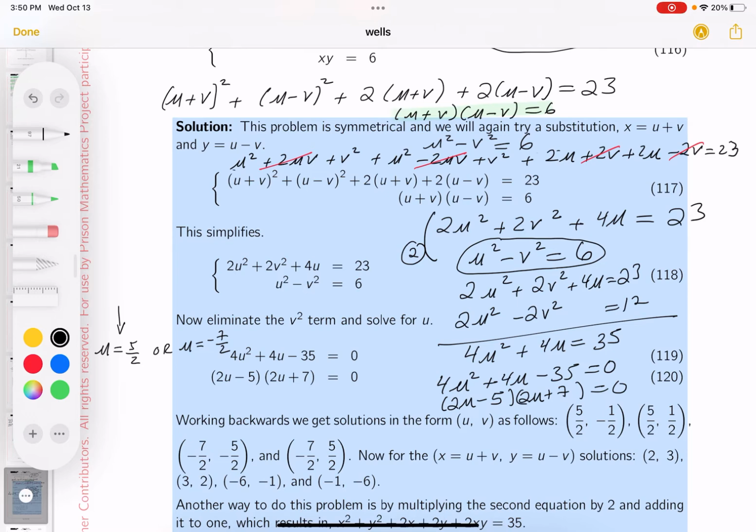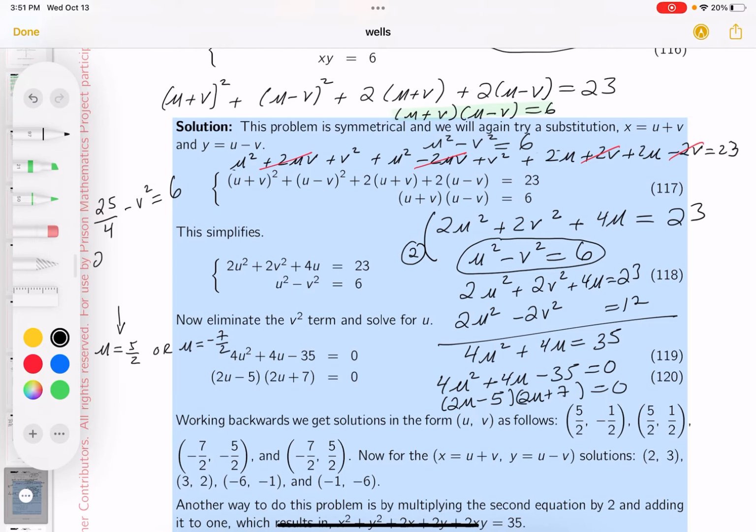So if u is 5/2, what's u squared? It's going to be 25/4, right? Minus v squared is equal to 6. Well, let's see what I get.